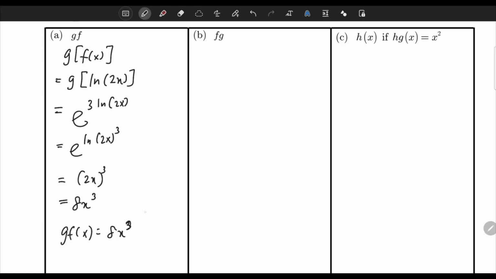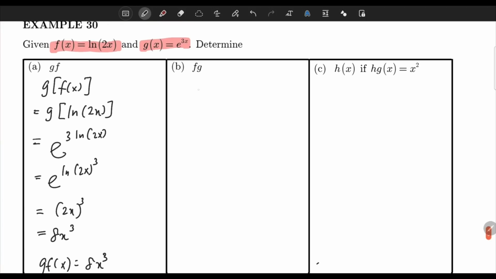Okay, so let's look at b. f of g, so same thing, so this is f of g(x) for the inside function. So g(x) is e to the power 3x, so substitute into f(x), so ln of 2 times e to the power 3x.